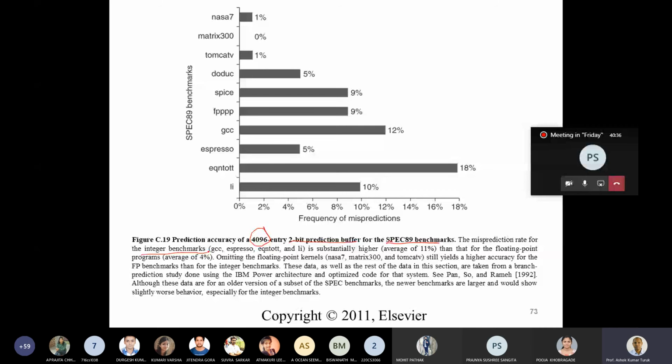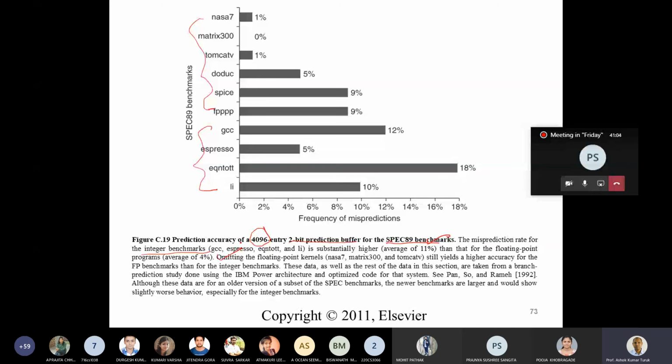The misprediction rate for the integer benchmarks is substantially higher than for the floating point programs, which are these. The average for the integer programs is 11%, and the average for the floating point programs is 4%.